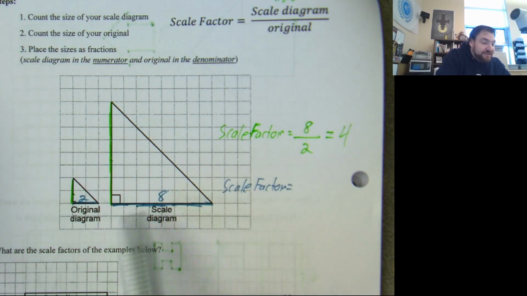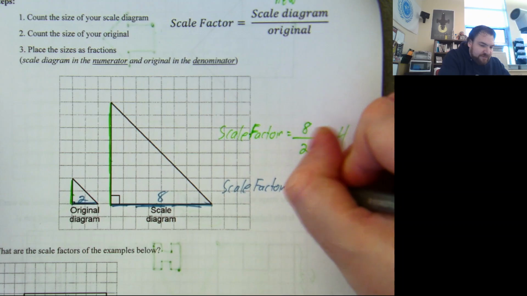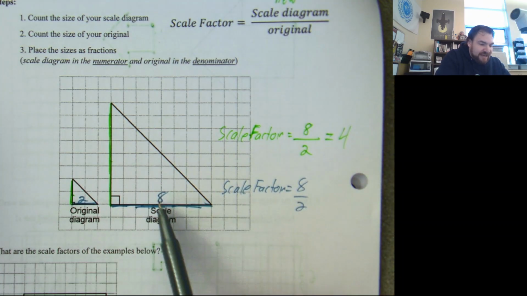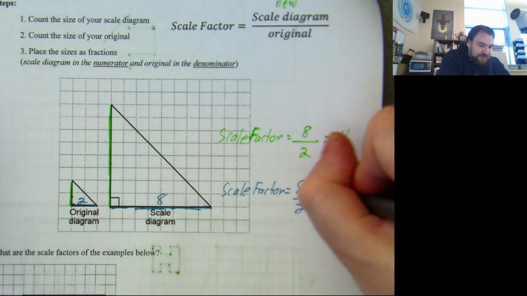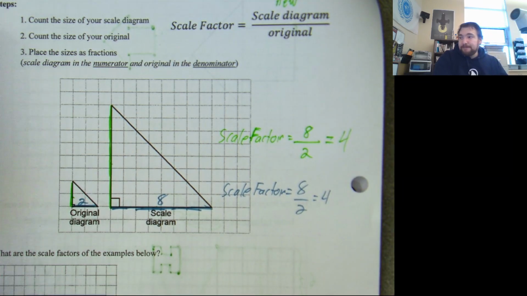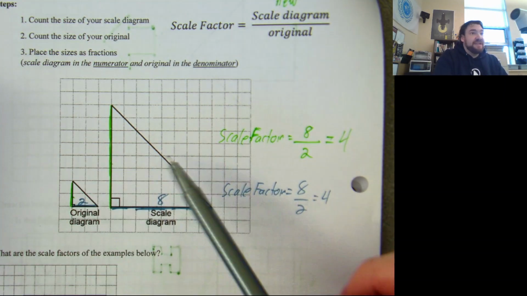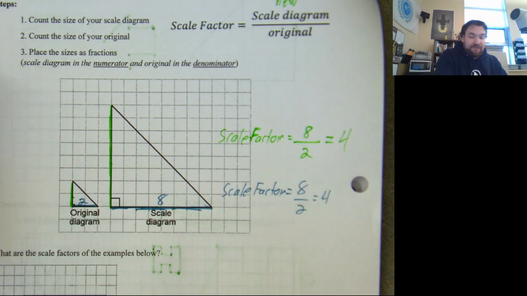If I take a look at these two sides instead, I'm going to get the equivalent. This guy's 8, this guy's 2, so 8 over 2 equals 4. And there's an extra piece of information here. If you check multiple dimensions and all of them have the same scale factor, this is something that we're going to look at in more depth in a later lesson.